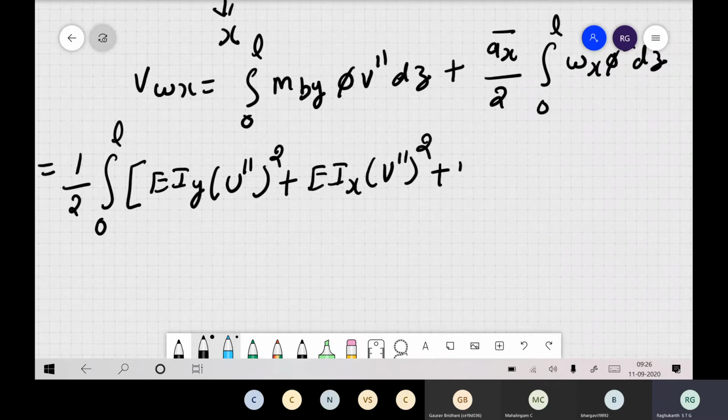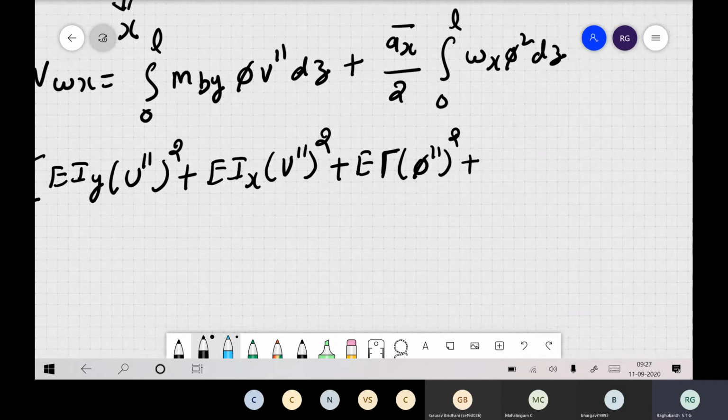Plus warping also, we have E C_w (phi double dash) square, plus we have this GJ (phi dash) square. So this is our strain energy, dz.